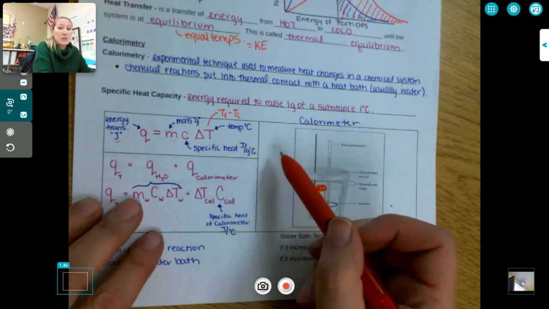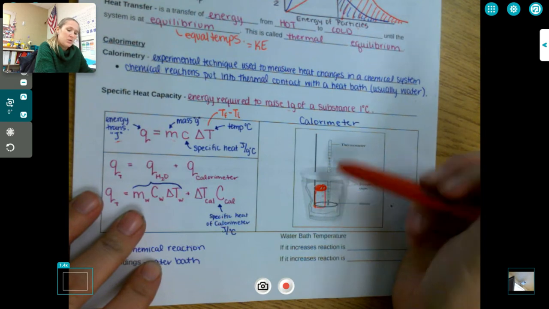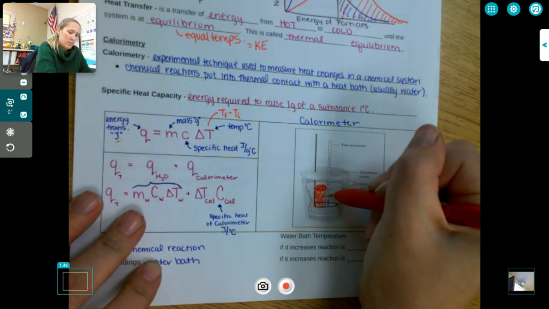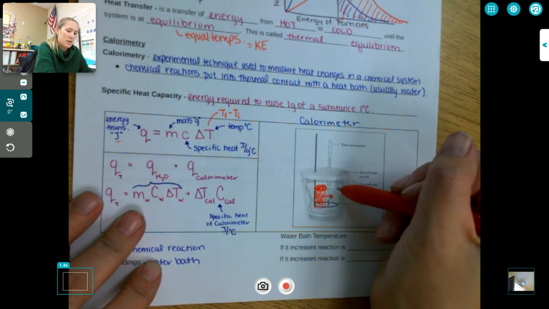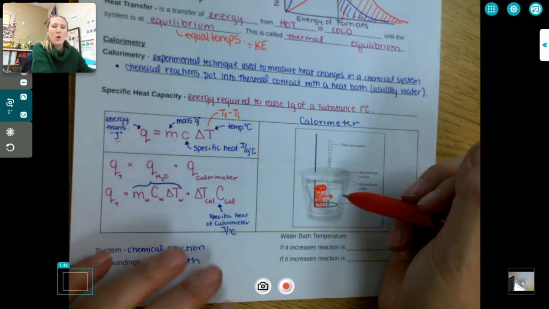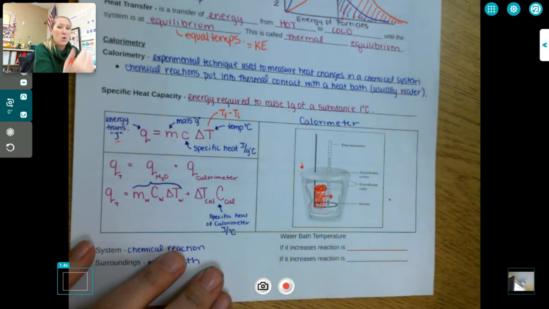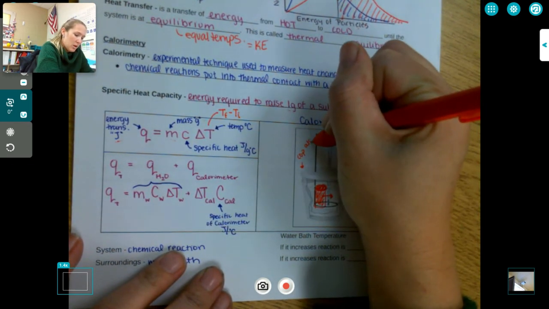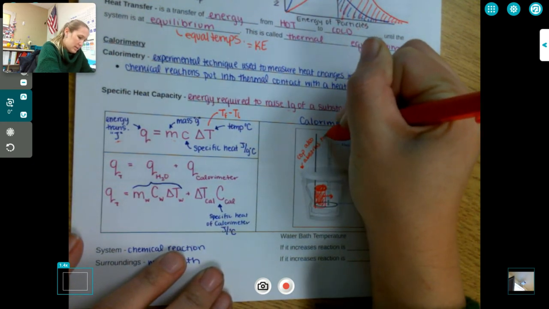Okay. So up until this point, we have looked at this equation, and we've said, well, the heat energy given off by the hot metal is absorbed into the water. So the metal cools, the water heats up. That's what we care about. But now that we're in AP, we also have to think about the fact that, well, this styrofoam cup is going to also absorb some of the heat. So the cup also absorbs heat.